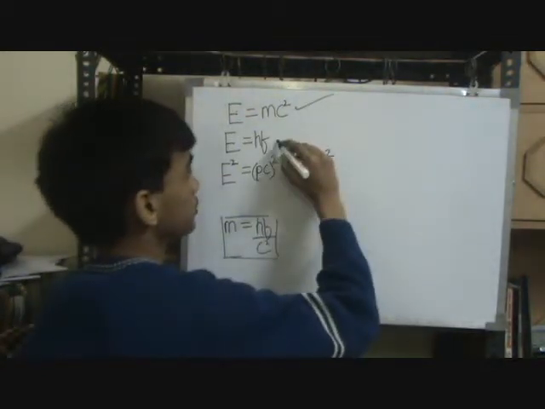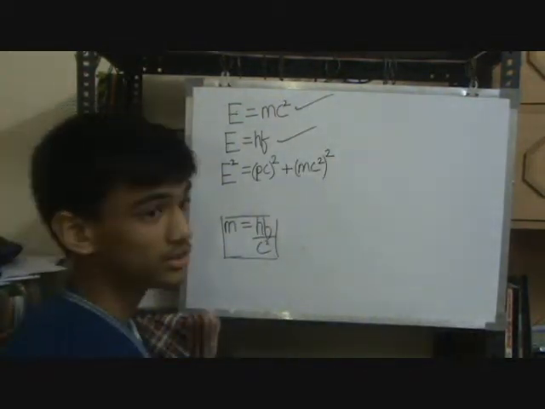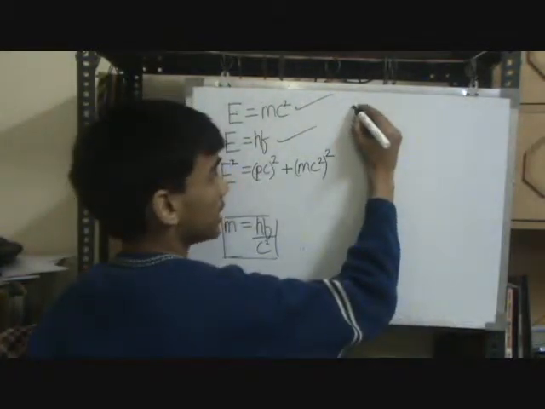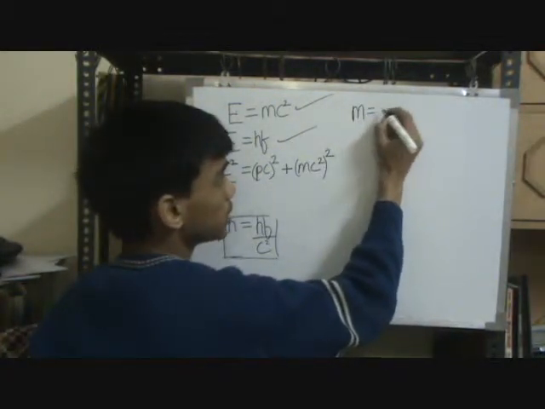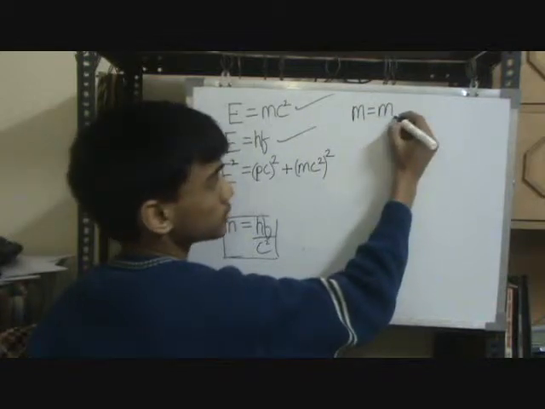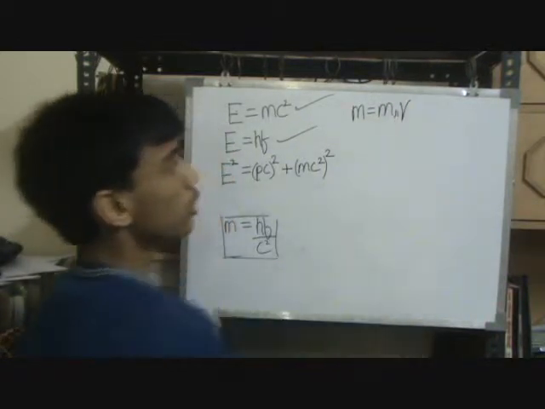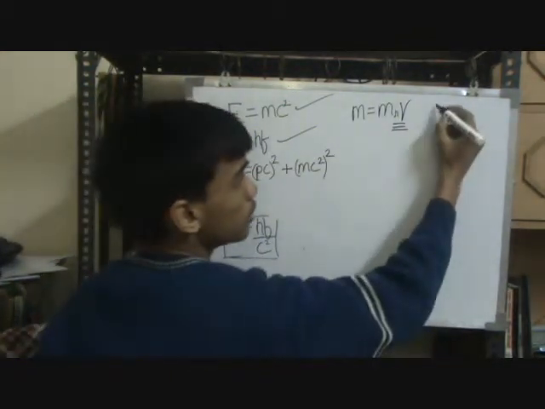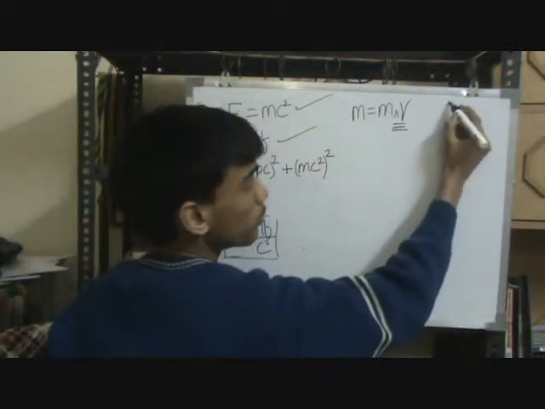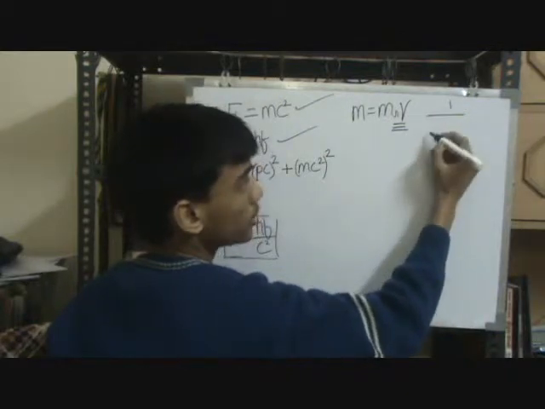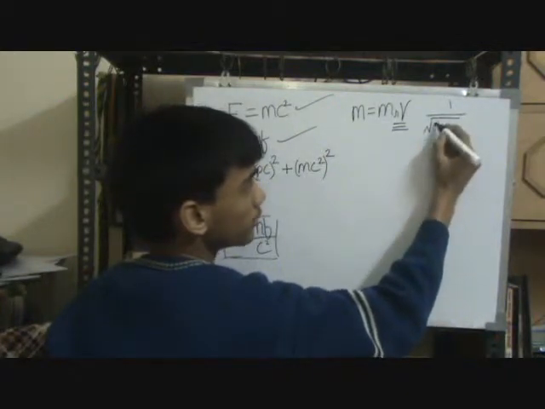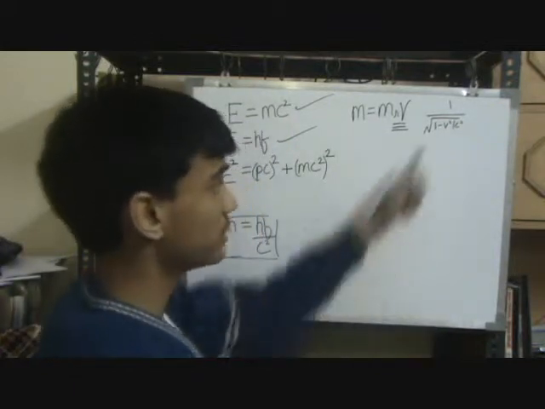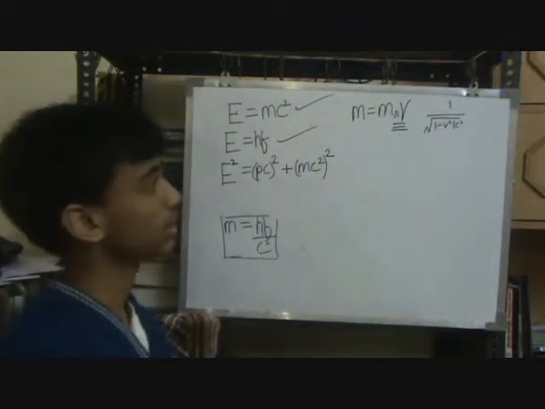We have then used these two equations. Now there is another equation by Albert Einstein that relative mass is equal to rest mass into Lorentz factor, where Lorentz factor is equal to 1 upon root over 1 minus v square by c square, where v is the velocity of the moving object.